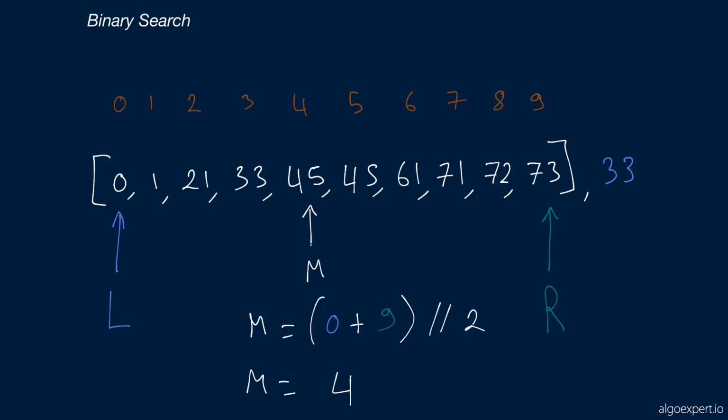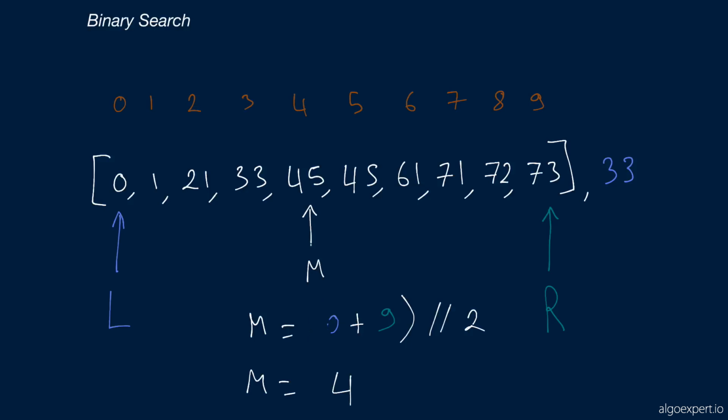So what that means is that every number to the right of our middle number, every number here to the right of 45, is naturally going to be even greater than 33, since it's greater than 45. And so we can eliminate all these numbers. What we can do now is erase our middle pointer and move our right pointer. Actually, let me undo what I just did to make this more clear.